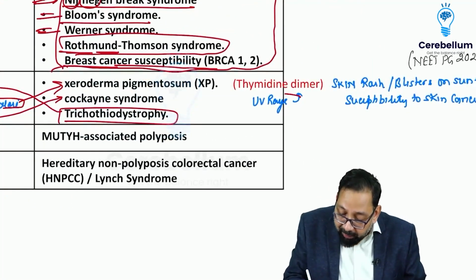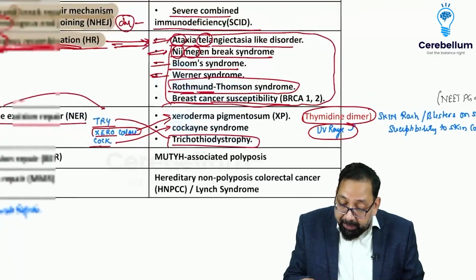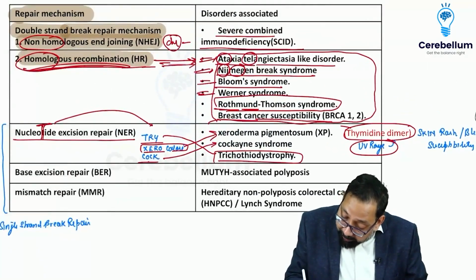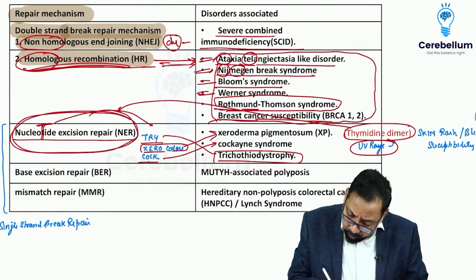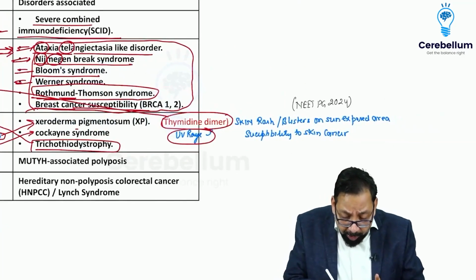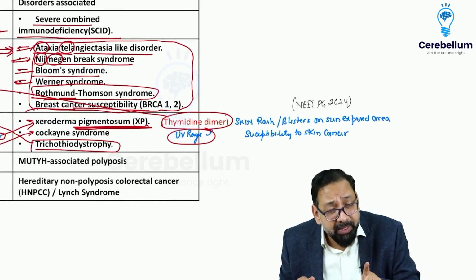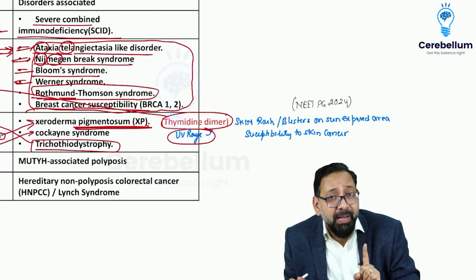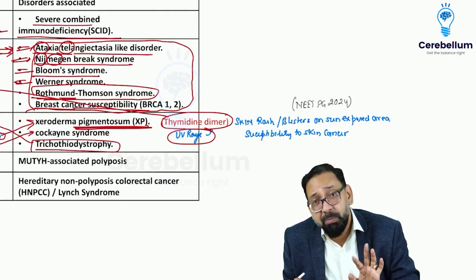Due to ultraviolet rays, there is production of thymidine dimer. This thymidine dimer is corrected by nucleotide excision repair. If this nucleotide excision repair is defective, this leads to xeroderma pigmentosa.